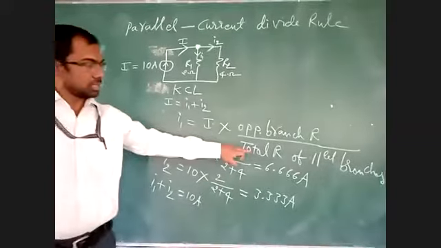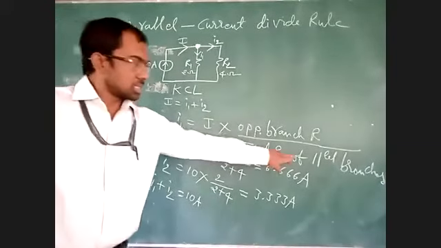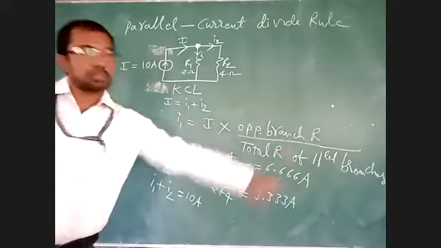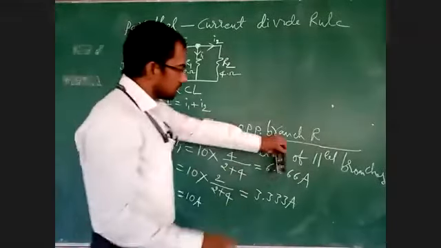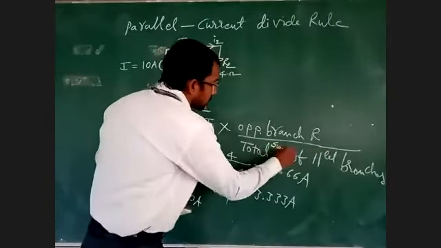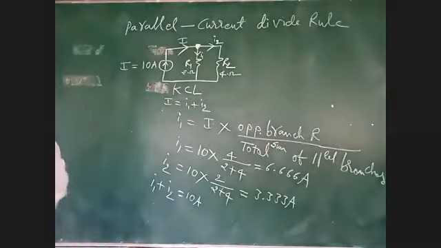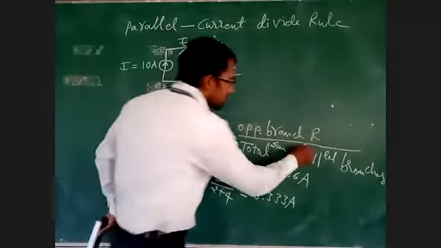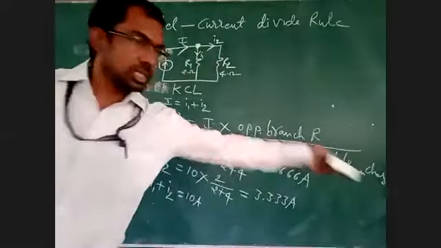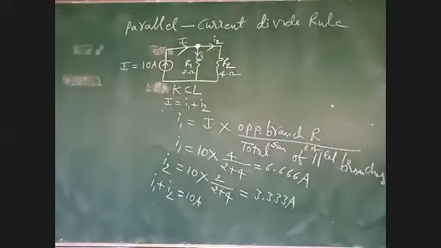I am telling you, only for the total resistance of parallel branches should you add them. If you are having doubt, you can write here: total sum of resistances of parallel branches. Is it clear now?